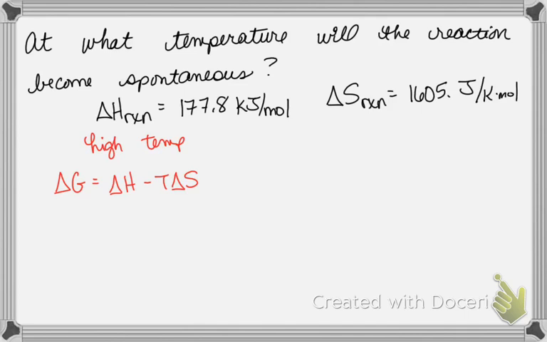And y'all know that the turning point of whether it's spontaneous or not is delta G positive or negative. Okay? And the turning point for that is 0, because obviously below that it would be negative, above that would be positive. So I'm going to plug in 0 for delta G and solve for temperature.